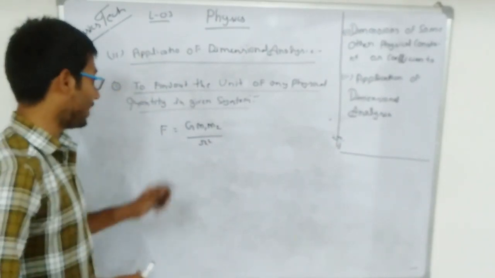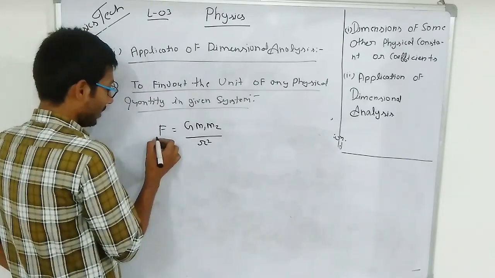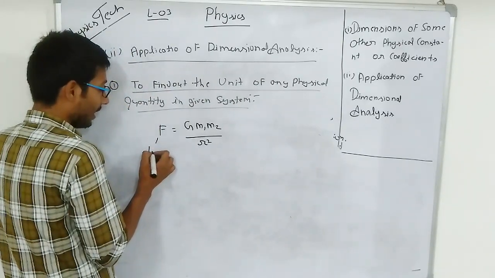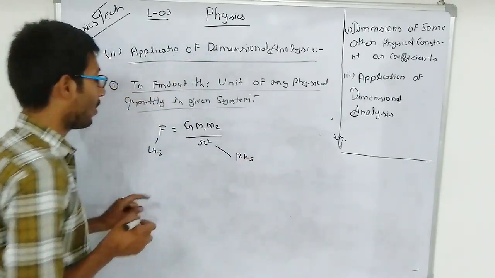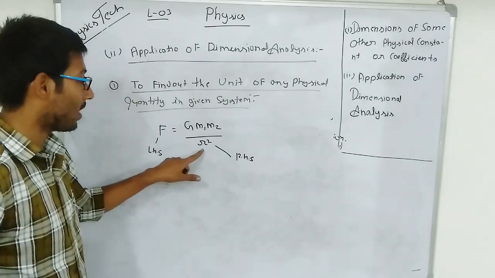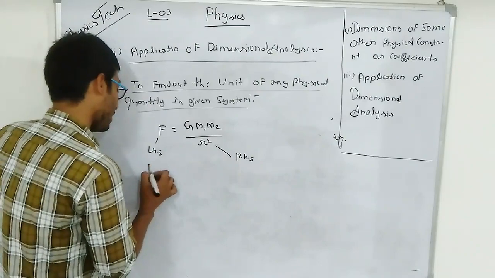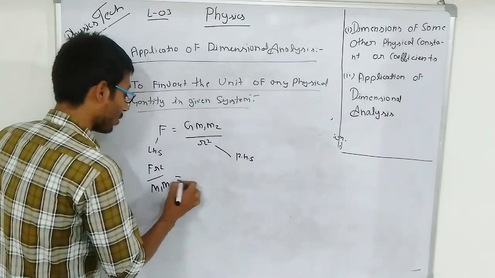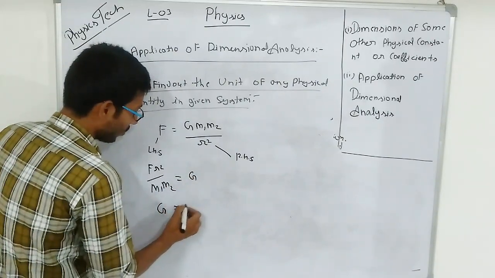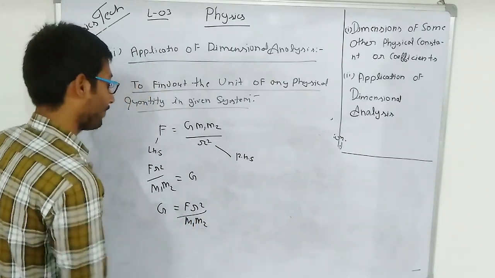Now r square in the denominator is multiplied to the other side, so F r square upon m1 m2 is equal to capital G, or capital G is equal to F r square upon m1 m2.